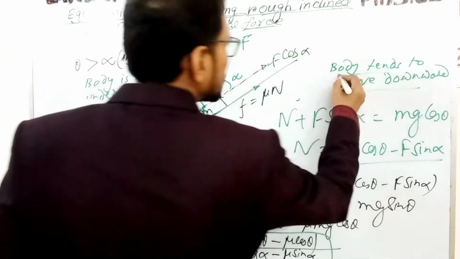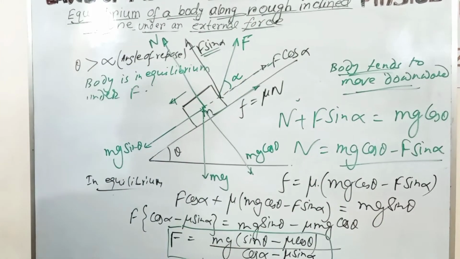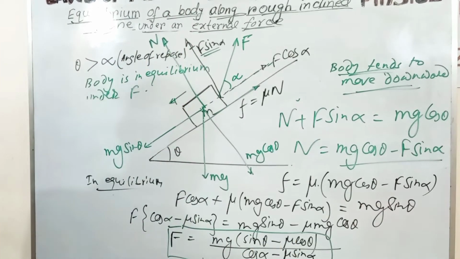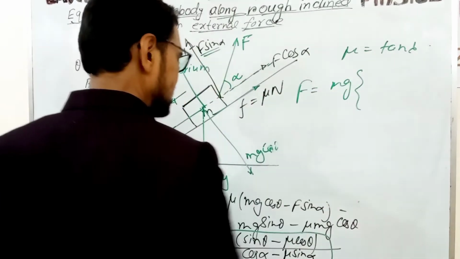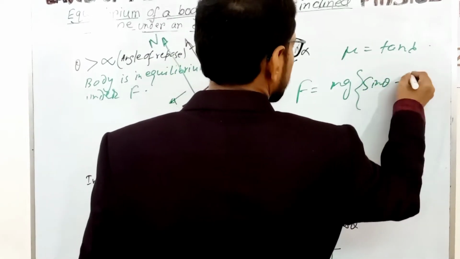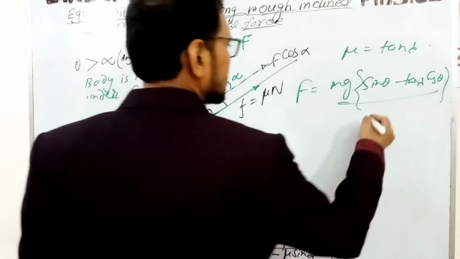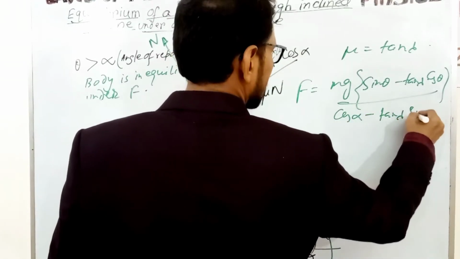Now one result we get: if mu equals tan lambda and we put it here, F equals mg (sin theta minus tan lambda cos theta) by (cos alpha minus tan lambda sin alpha).